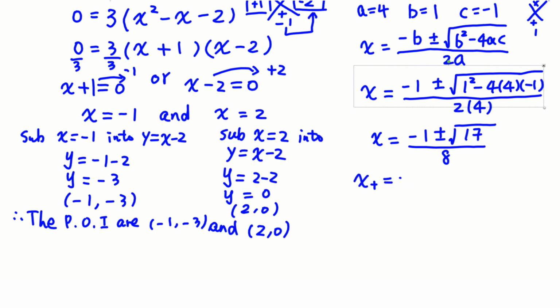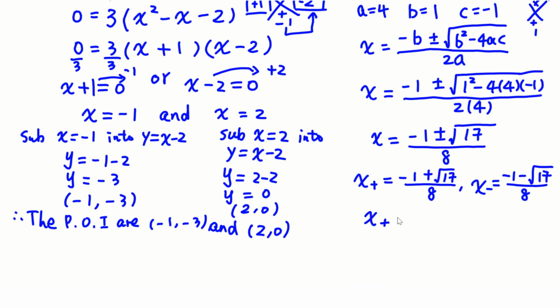So it's -1 plus square root 17 over 8. And x minus is take the negative sign, -1 minus square root 17 over 8. Then get your calculator out, you will find x plus approximately equals 0.39 and x minus equals negative 0.64.